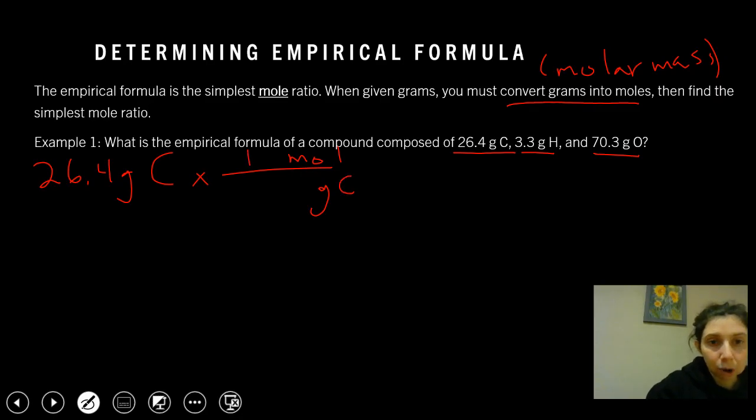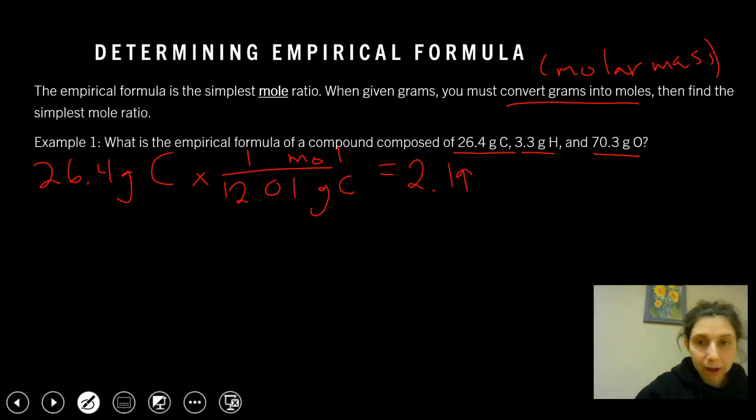I know that for every 1 mole, there's 12.01 grams of carbon. That's directly from the periodic table. That's the molar mass of carbon. So 26.4 divided by 12.01 is 2.198. So that's how many moles of carbon I have.